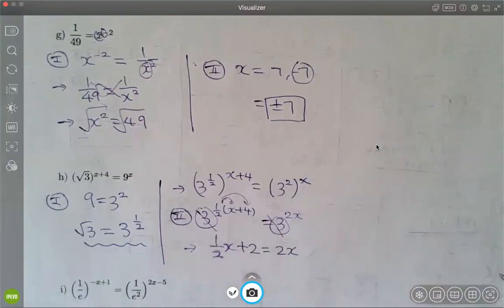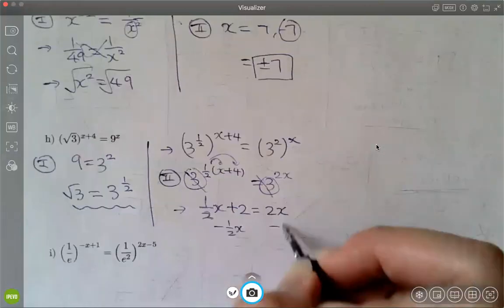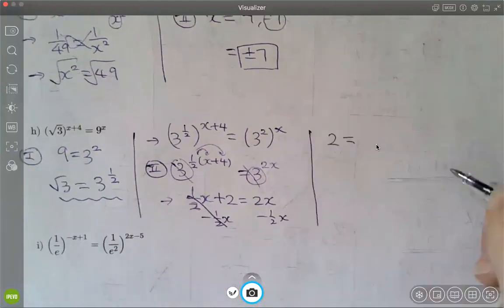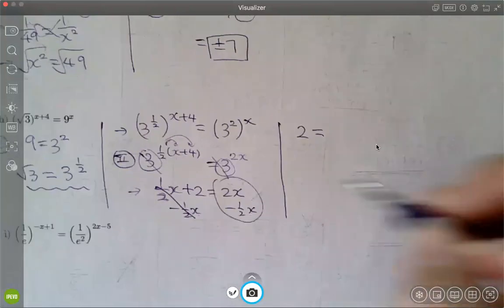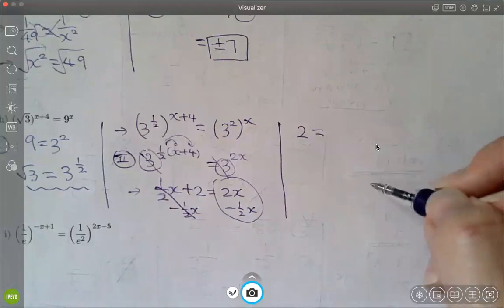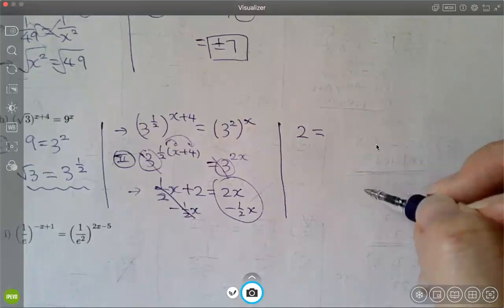Okay, so what does that mean? We can subtract 1/2 x. Okay, so we have 2 is equal to, what is 2x minus 1/2 x? Three halves. 3 over 2 x, right?